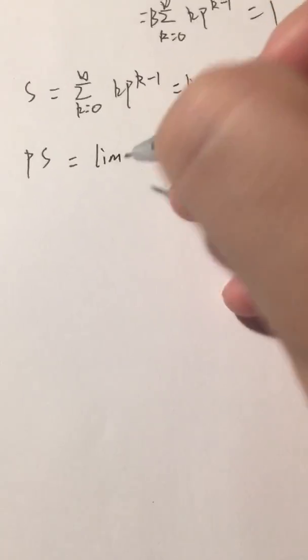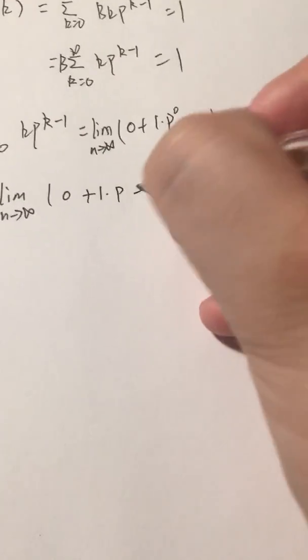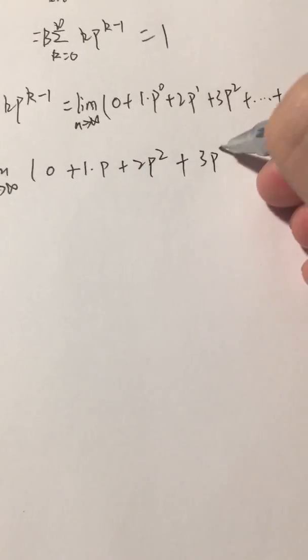And we use p times s, we get the limit when n goes to infinity of p plus 2p squared plus 3p cubed plus and so on, plus n p to the power n.